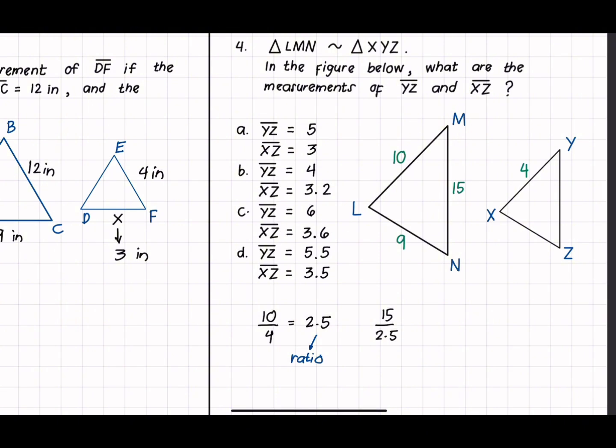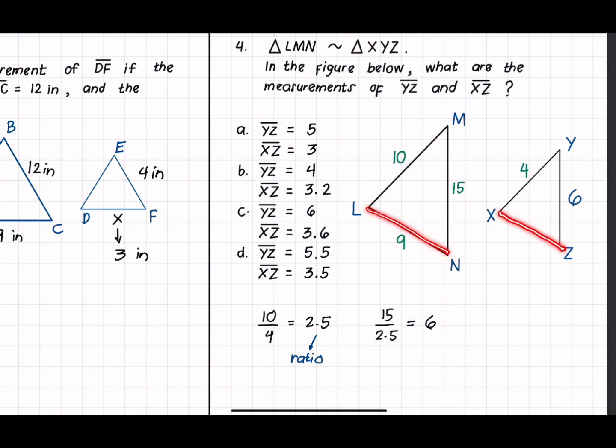So 15 divided by 2.5 is equal to 6. Therefore, the measure of YZ is equal to 6. We can do the same thing with XZ. As you can see in the figure, side LN corresponds to side XZ.